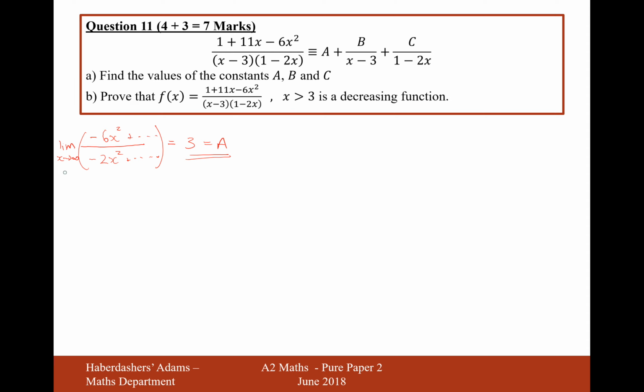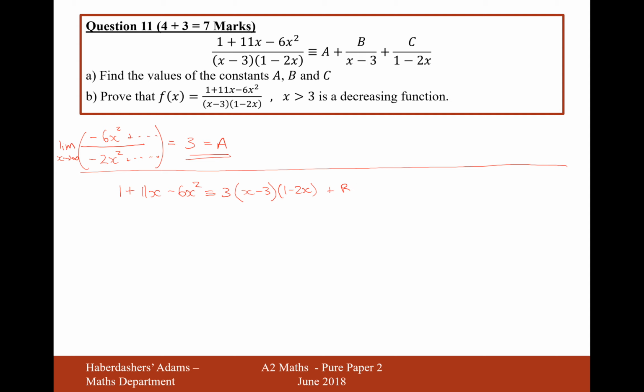Okay, let's now get started on the standard way that you do partial fractions questions. And the standard way of doing that is to multiply by x minus 3 and 1 minus 2x on both sides. So on the left I get 1 plus 11x minus 6x squared. On the right I get A, but we know A is 3, so I'll write 3 lots of x minus 3, 1 minus 2x.